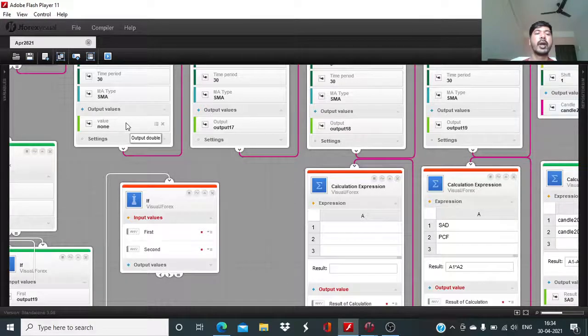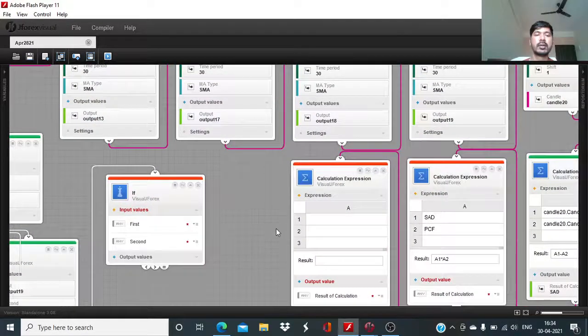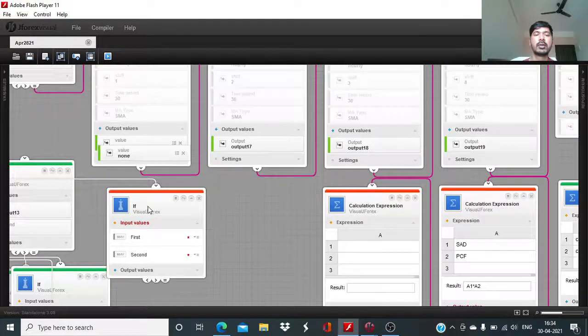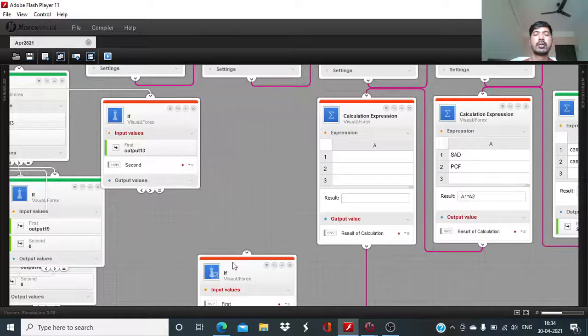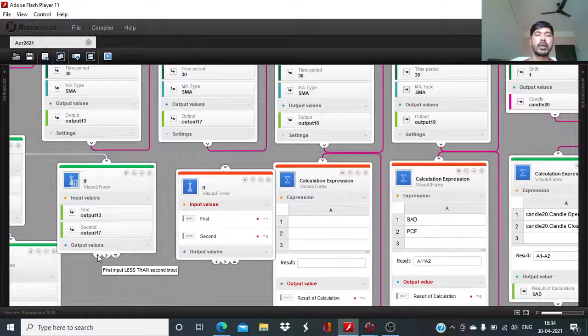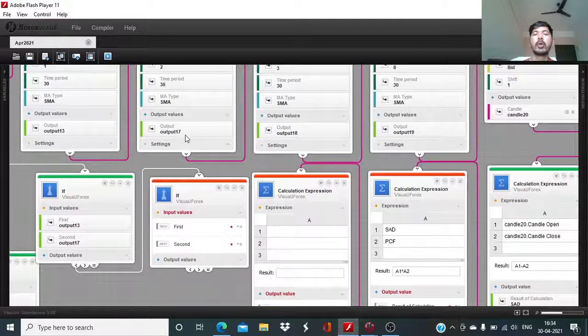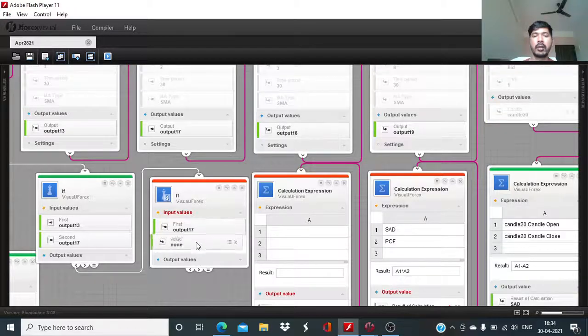So we have to compare output 13 and output 17. And it should be first input less than second input, whereas output 17 needs to be greater than output 18.